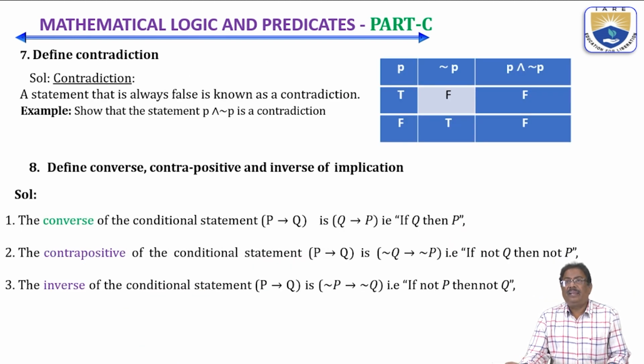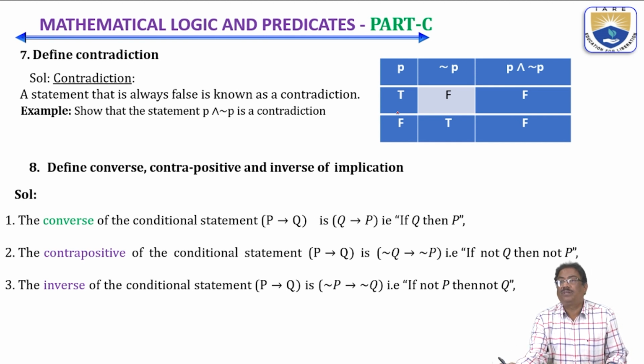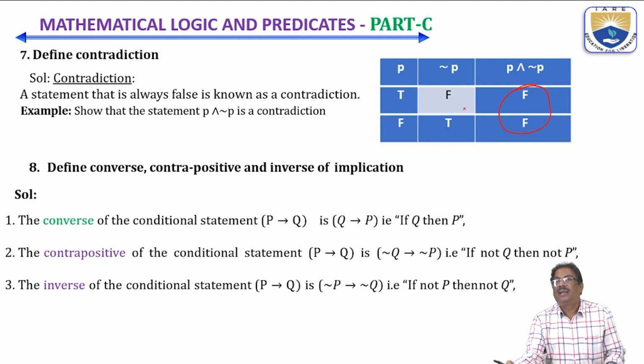Now define a contradiction. We already discussed it. A contradiction is one that is false for all possible combinations of the truth values of the given propositions. If it is always false, then we can say that it is a contradiction.